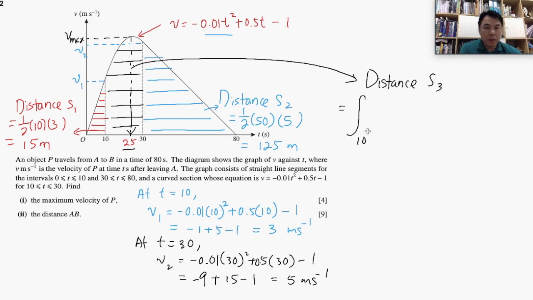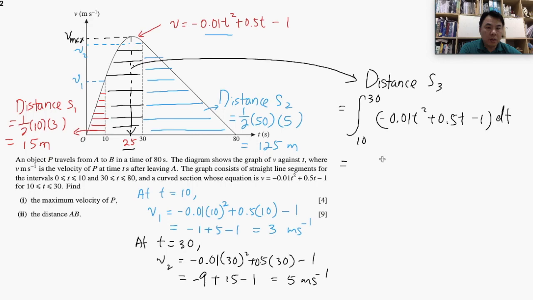So from 10 to 30, I'm going to integrate 0.01 t squared plus 0.5 t minus 1 dt. Now, hopefully you guys still remember how to integrate this.